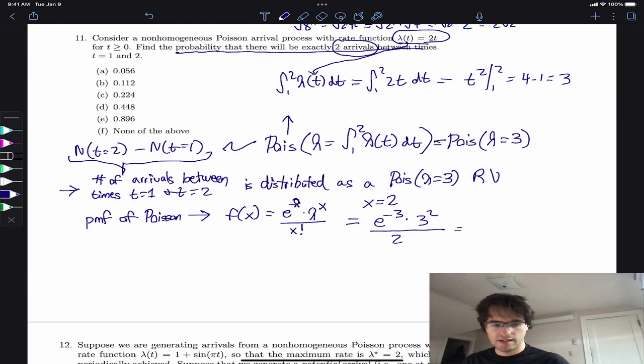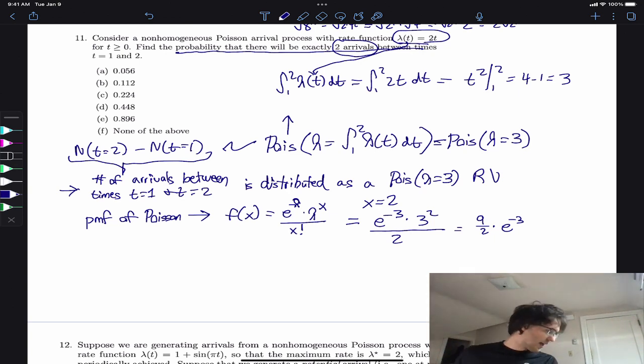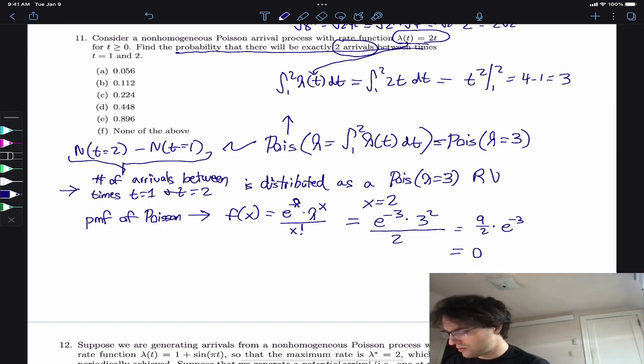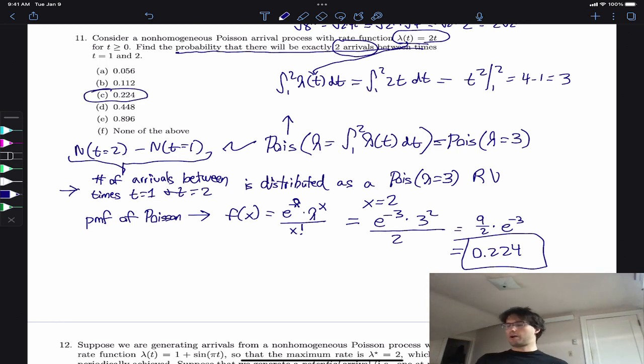This ends up being 9 halves times e to the minus 3. If you plug this into a calculator, you will get something close to 0.224. That is your answer choice C, and that's how you do that problem.